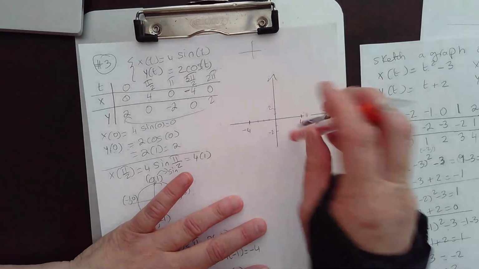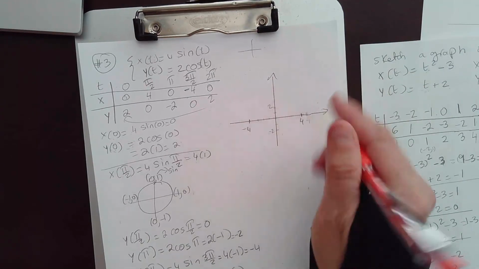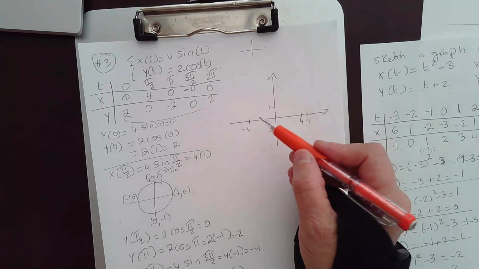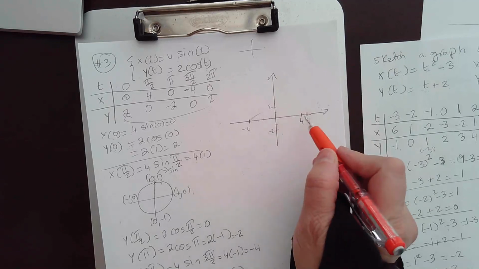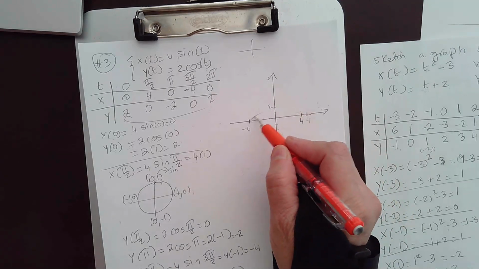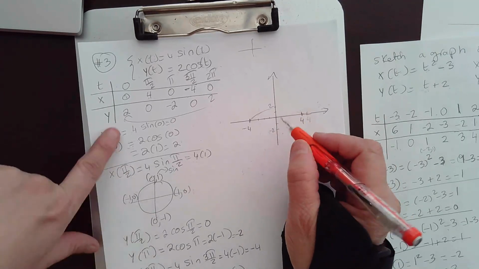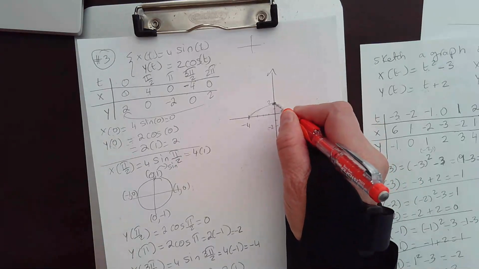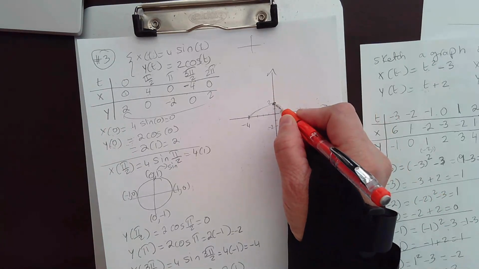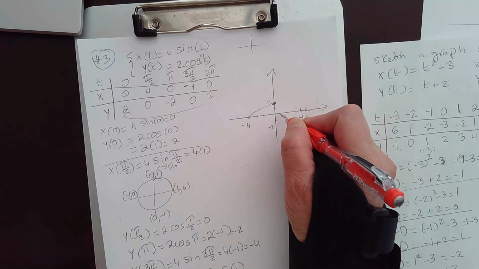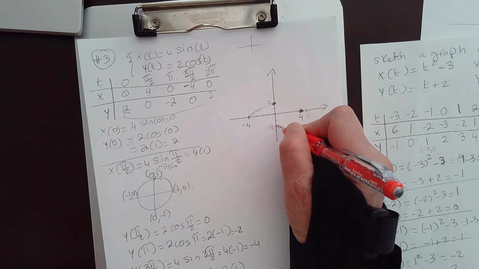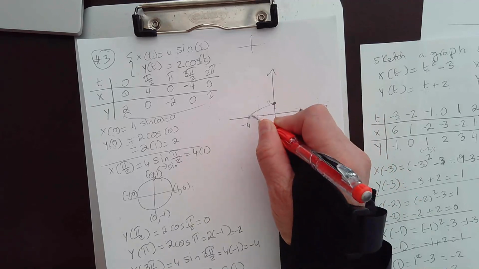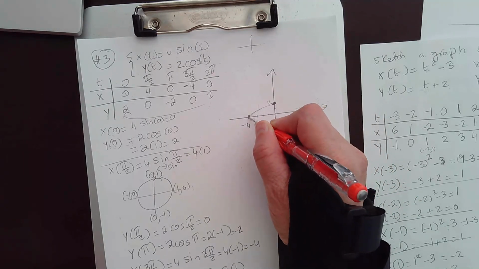To make it look more even, you have -4. So you have (0, 2) here. I forgot to plot them. (0, 2), (4, 0), (0, -2), (-4, 0), and we're back here.